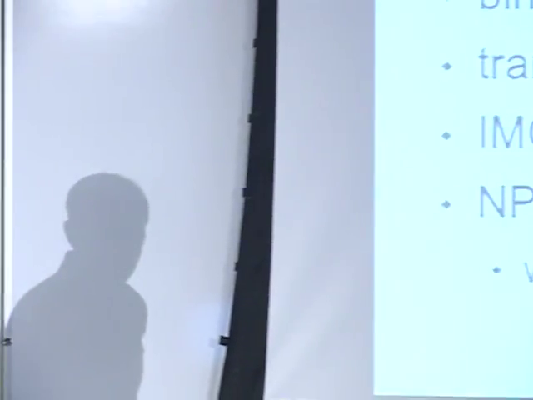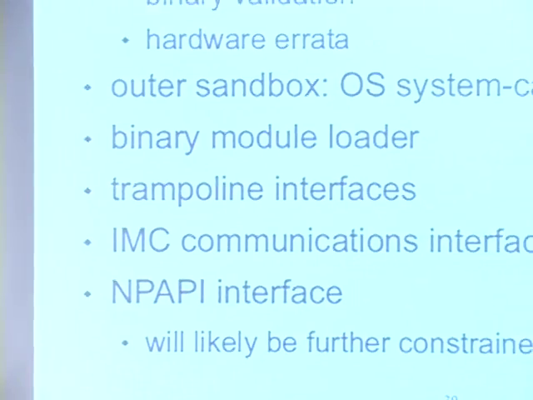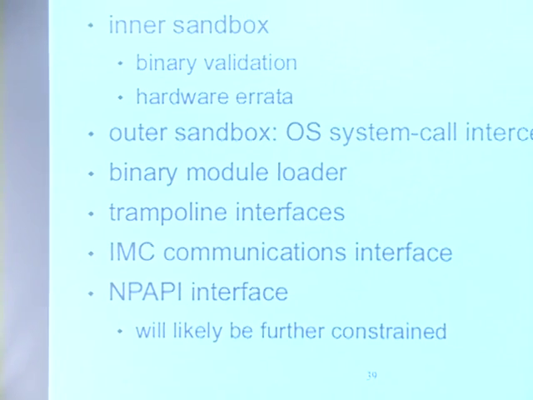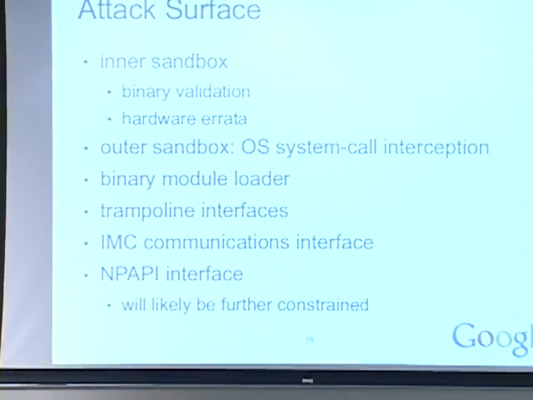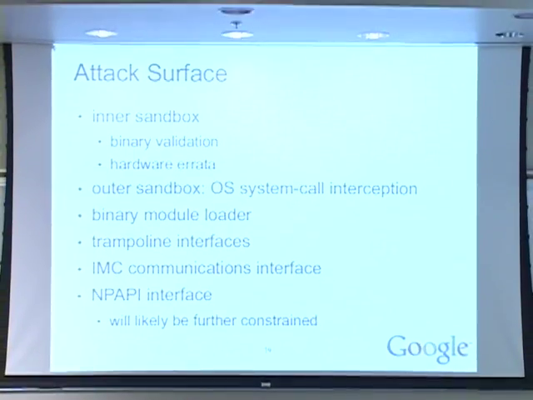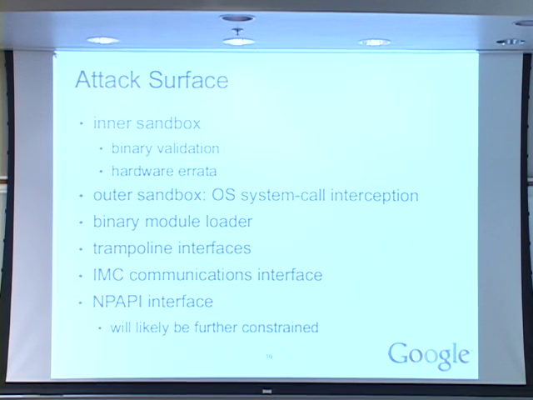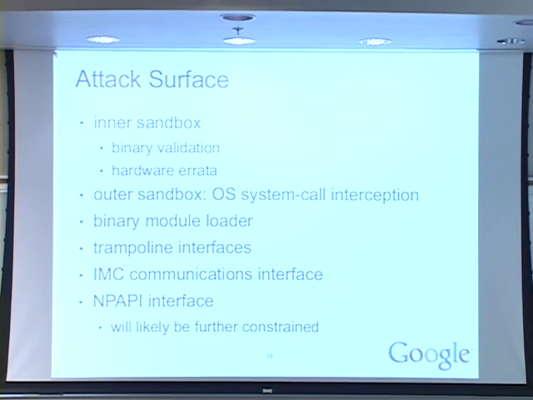Okay, so let's review the different pieces I've told you about and talk a little bit about the attack surface. Where are the places that somebody trying to compromise the system might dedicate some attention? Well, firstly, there's the inner sandbox. And there's both a question of the correctness of the validator that is used to implement it, and also whether or not there's hardware errata that can be exploited to cause the machine to misbehave.